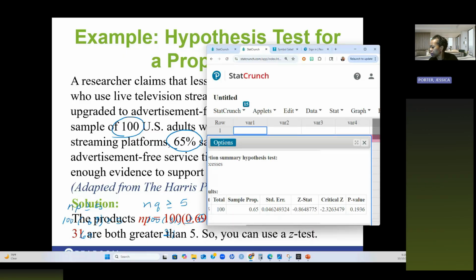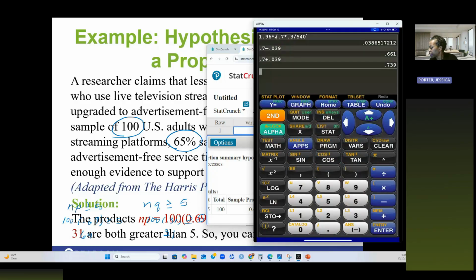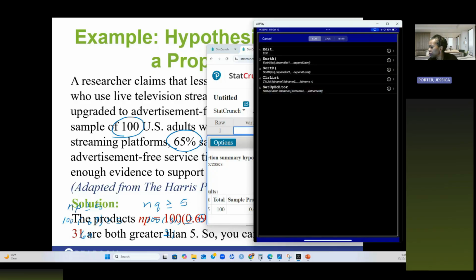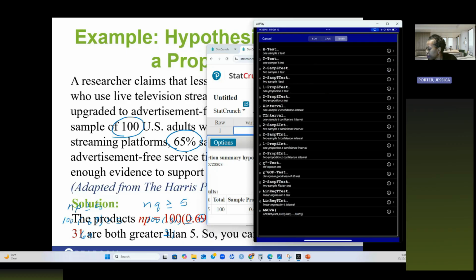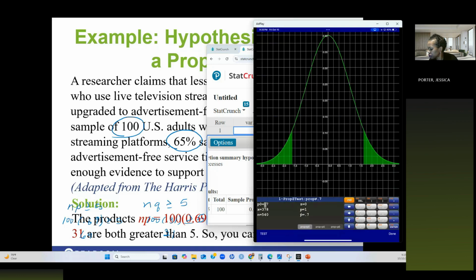Let's do this in the calculator. Stat, tests, and one proportion Z test, that's number 5. This was a less than, my P0 was 0.69.